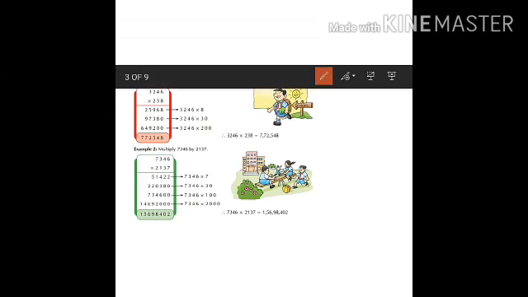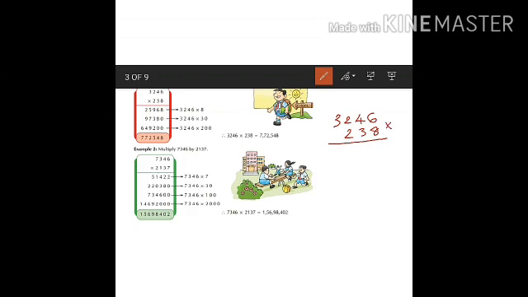Let us do it here: 3, 2, 4, 6 multiplied by 2, 3, 8. So now let's do the multiplication.